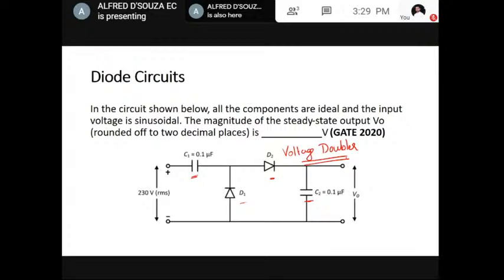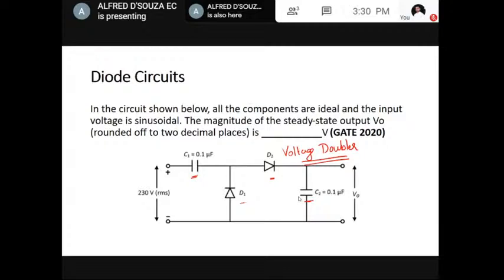Two capacitors and two diodes arranged in this fashion is a voltage doubler. So the output voltage is always double the input voltage, but since we have the capacitor, it will be the peak voltage.